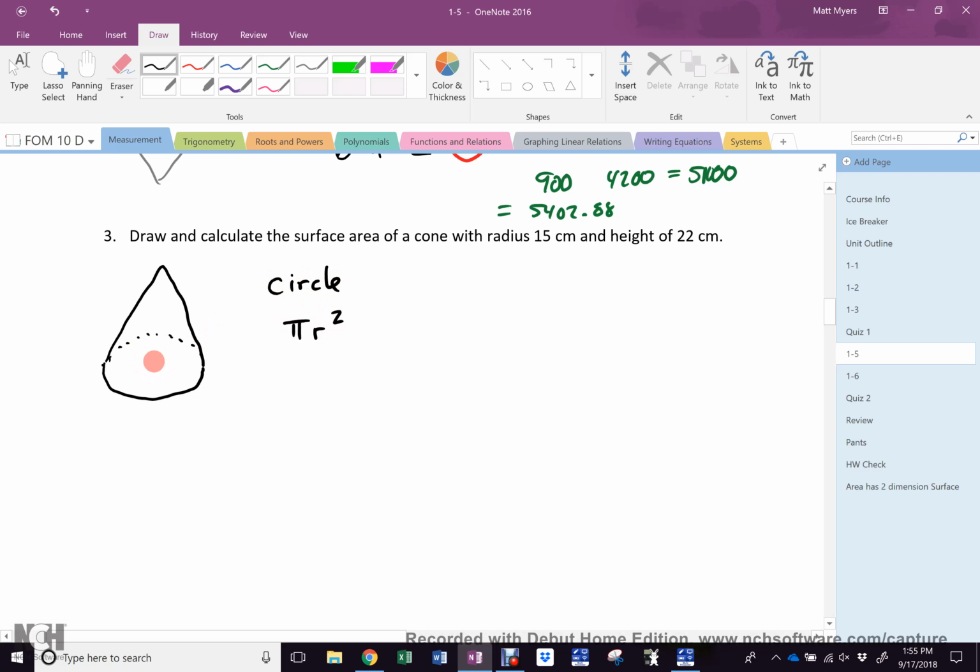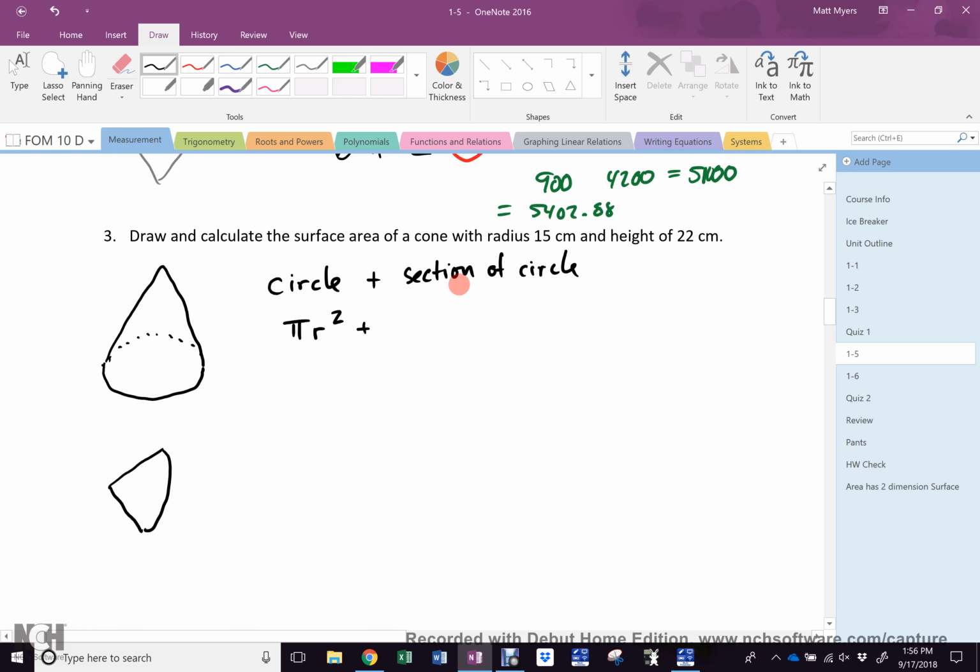But that only covers the bottom. The rest of the cone is a section of a circle. It's not a whole circle. It's a section of it. Well, I still need an area of this, don't I? Yes. So I must be adding a section of a circle. If I'm finding any part of a circle, what must be part of the equation for its area?